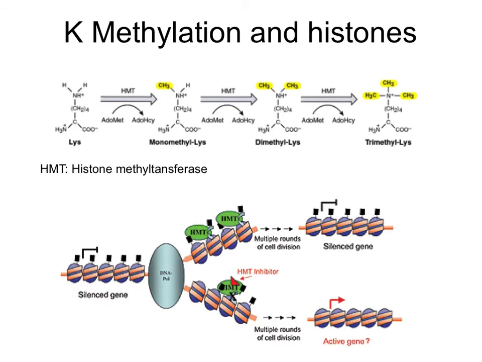So in addition to arginine methylation, you can also have lysine methylation. In the case of lysine methylation, you use the enzyme histone methyltransferase, again using SAM or AdoMet, which then transfers that methyl group on top of the lysine.